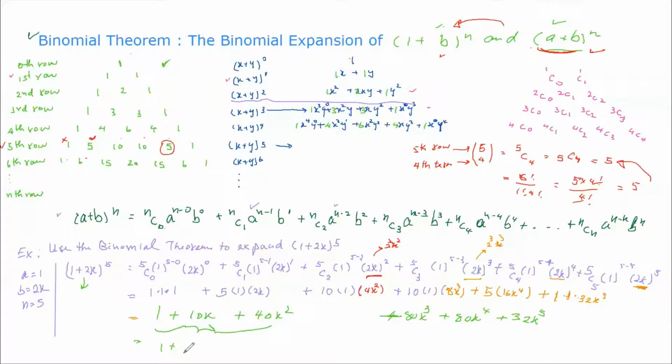You just work like this: 1 plus 10x plus 40x squared, and then plus dot dot dot. If the question says you need only the first three terms, you work up to the first three terms. This one is enough. Everyone get it?